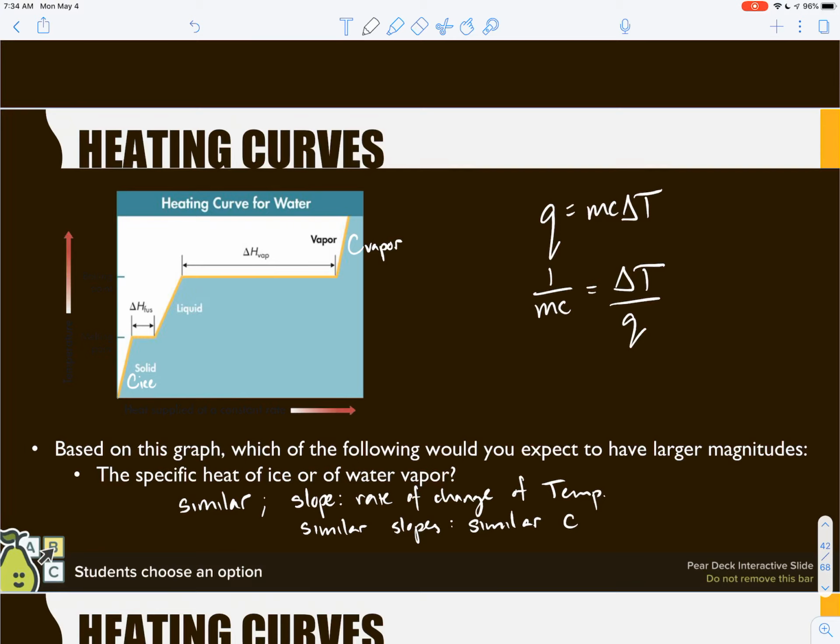I guess what you can see is that there's a direct relationship between the slope and the value of C, but you would also see that a smaller value of C would lead to a higher slope, which does make sense actually.